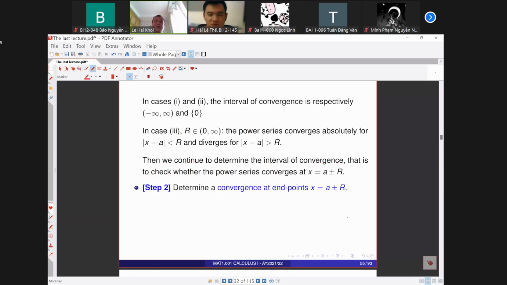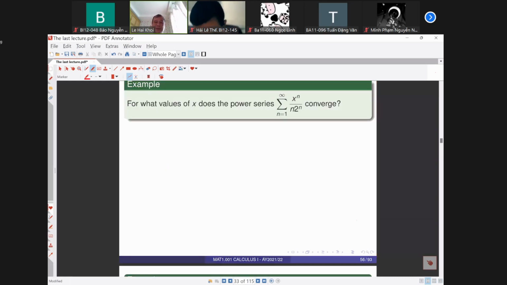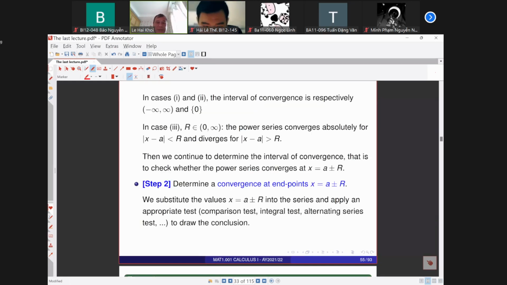Then step 2, how about convergence at the endpoint? You have to mobilize all the knowledge you have studied to solve this problem. So for doing this, we substitute x equal to a plus or minus R into the series, and you have a numerical series.